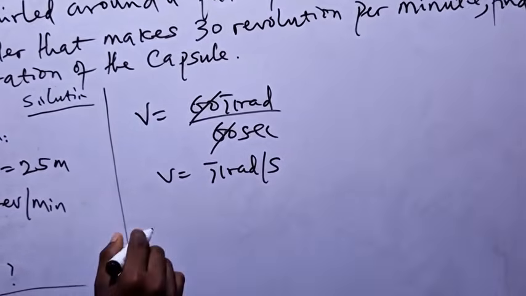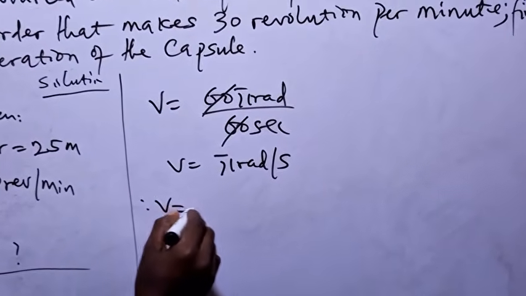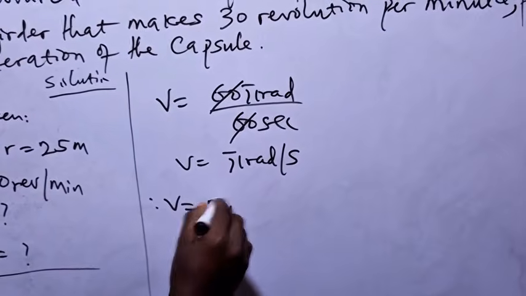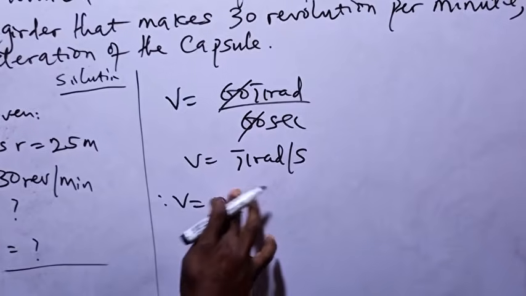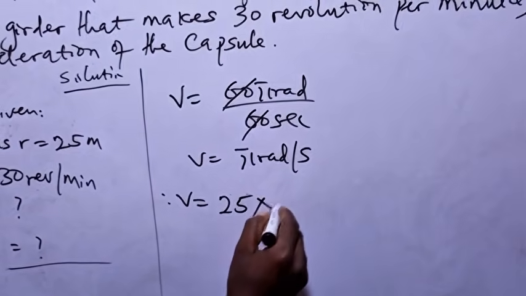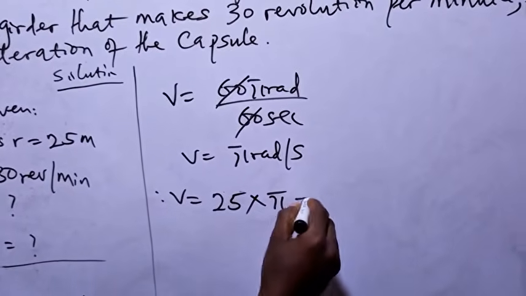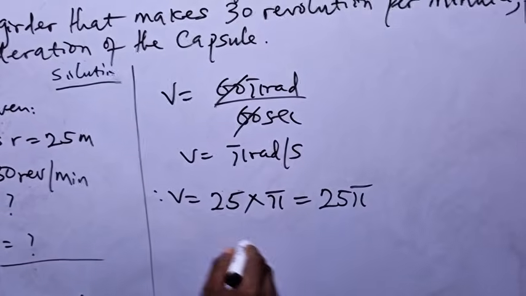However, that is not the final answer. We also have that velocity here equals radius times pi, which is 25 times pi, giving us 25 pi.